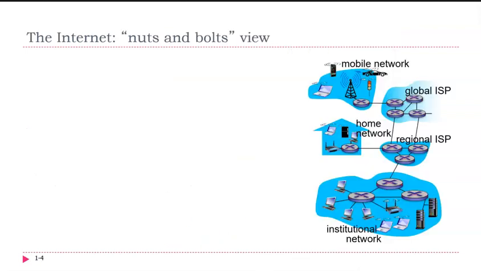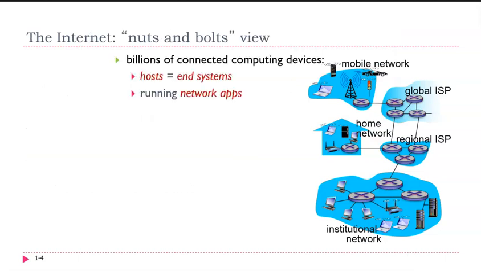So when I say hosts or end systems, it means the devices that are connected to the internet. Let us look at the internet from the hardware, or fundamental, view, or nuts and bolts view. These are the things that make up the internet, which are hosts, the same as end systems.